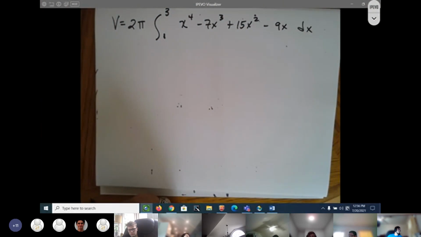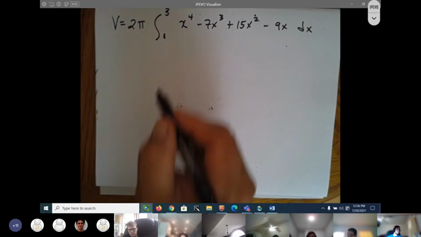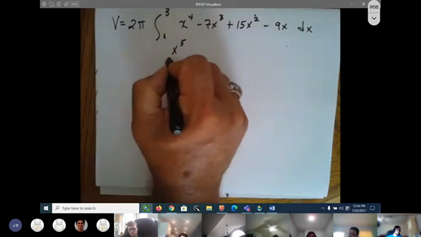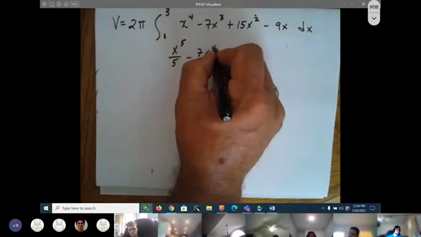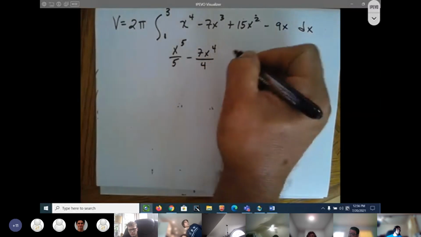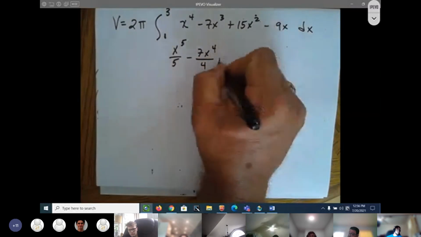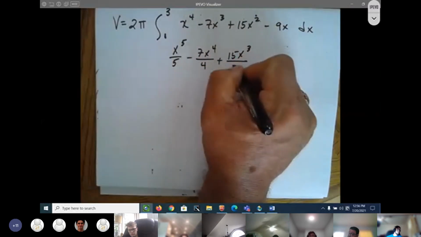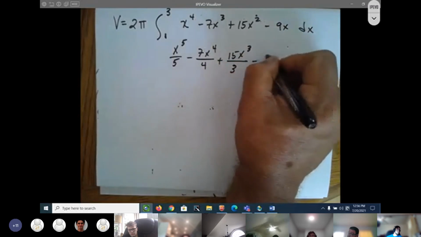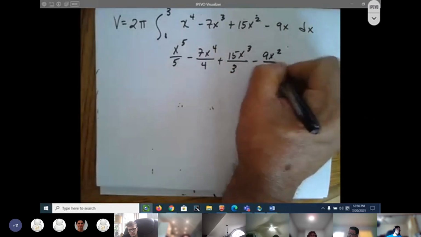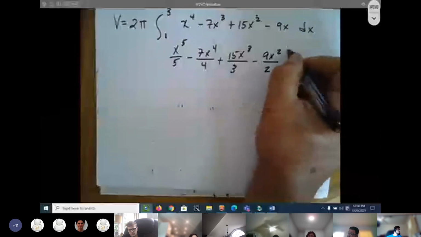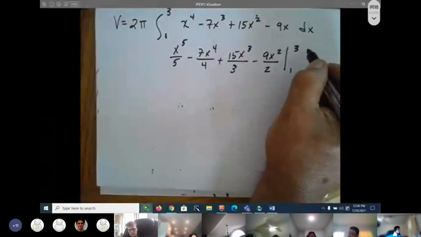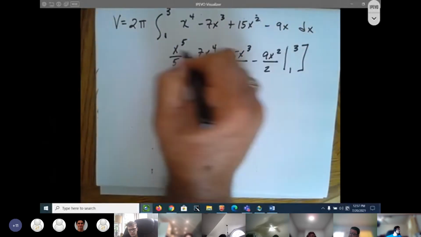And now take the antiderivative: x to the fifth over 5 minus 7x to the fourth over 4 plus 15x to the third over 3 minus 9x squared over 2, evaluated at 1 and 3, multiplied by 2 pi.